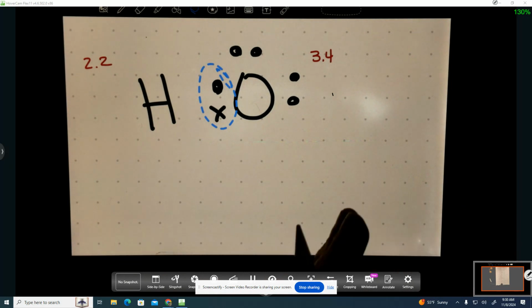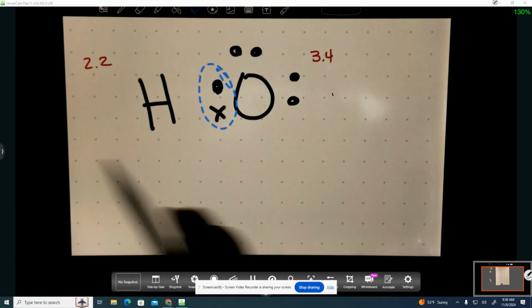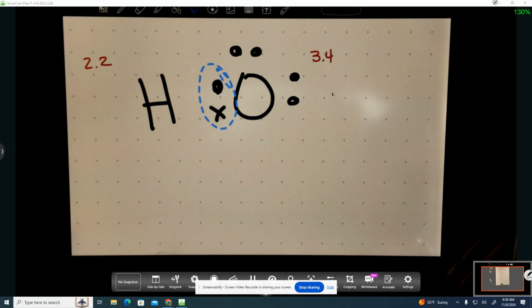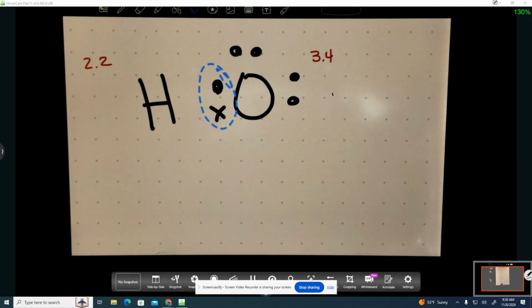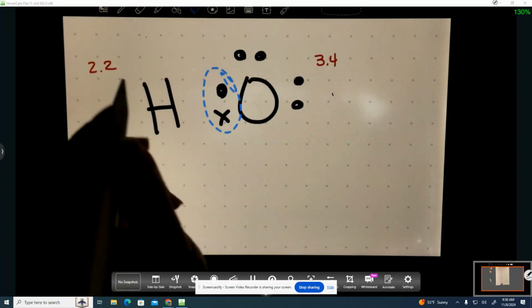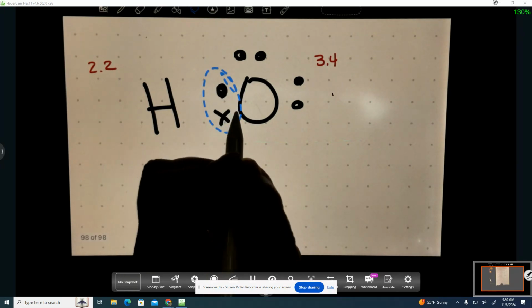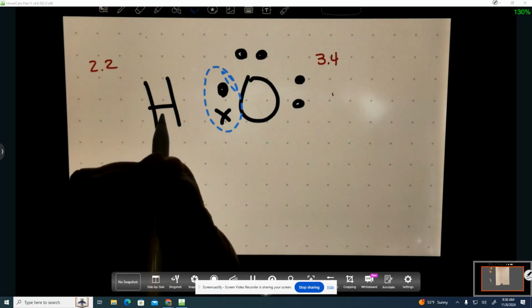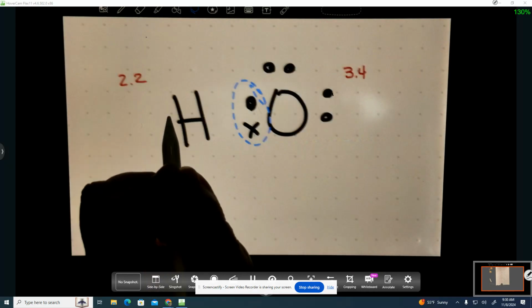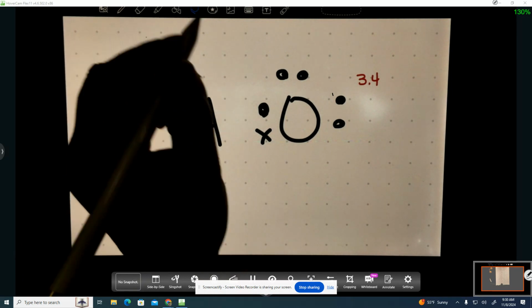Oxygen is not strong enough to pull the electrons entirely away from hydrogen like we saw with the ionic bonds, but it is a little bit more negative than the hydrogen is. You understand? That is called polarity. The oxygen has a slightly negative pole, and the hydrogen is slightly positive. Not entirely negative and entirely positive, just slightly negative and slightly positive.